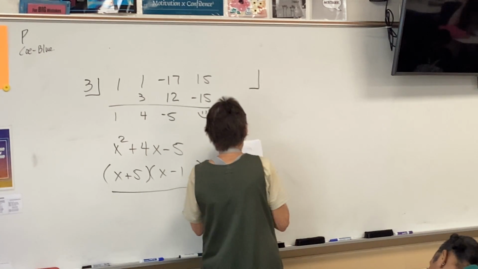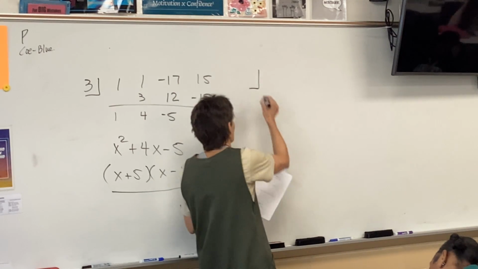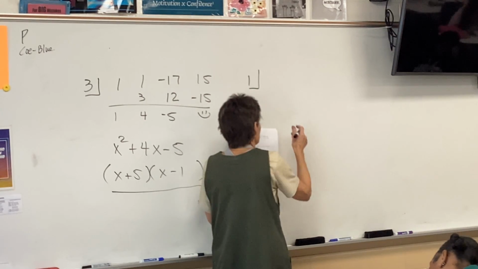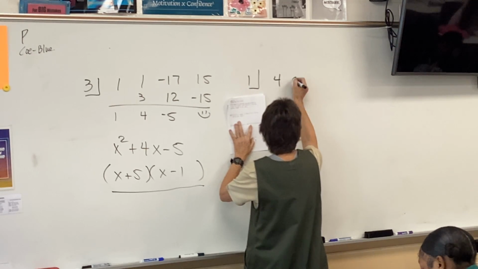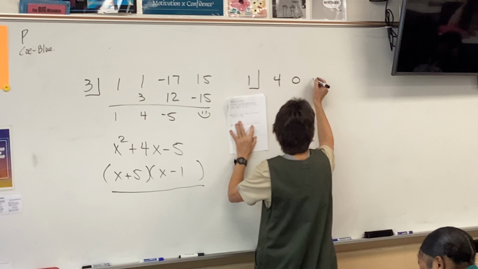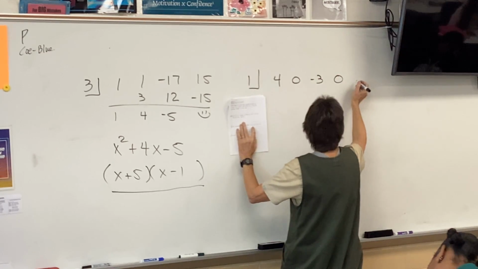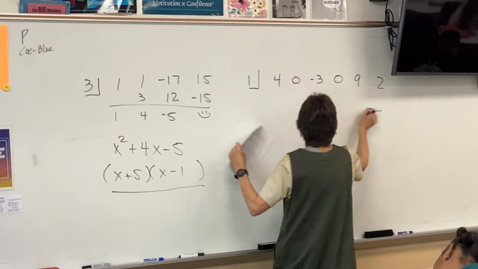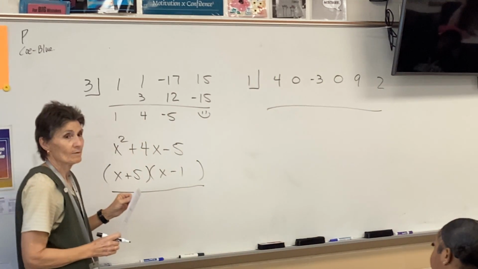All right, now we have a division problem. What's gonna go in the box? This is just straight due to the division. 1. 1's gonna go in the box. Be really careful here. 4, 0, negative 3, 0, 9, and 2. Does everybody see those zeros in there? Why are they there?